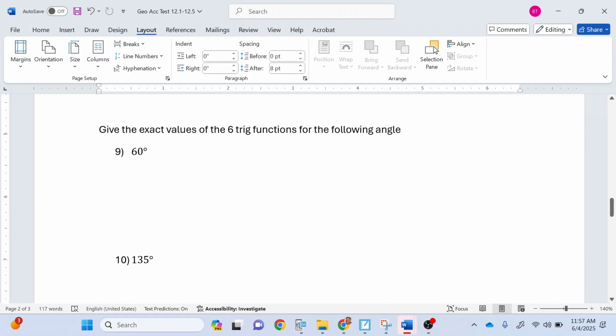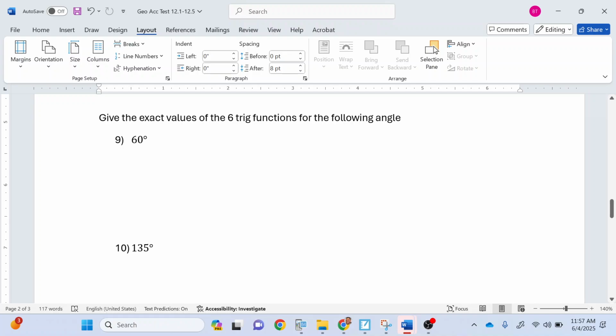All right. Give the exact values of the 6 trig functions of the given angle. These are the special right triangle ones. By definition, let's say it was 60 degrees here and 30 degrees here, the sides are a, a root 3, and 2a.